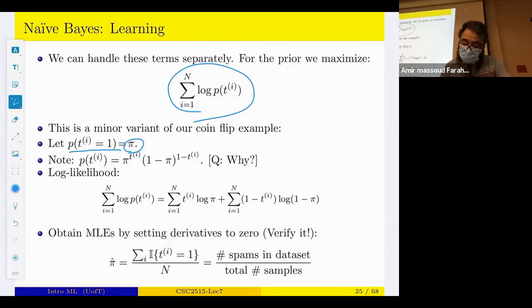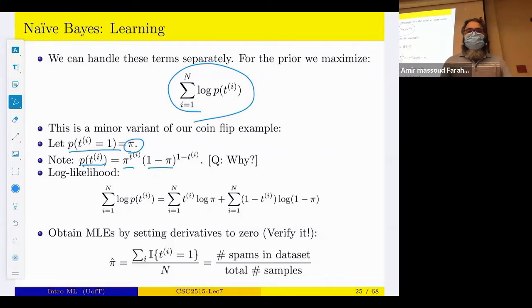So we can write P of Ti as pi to the power of Ti times 1 minus pi to the power of 1 minus Ti. If you recall, we had this a few slides ago, and why this is the case. You can just check it: set t equal to 0 or 1, and you either get pi or 1 minus pi, depending on whether t is equal to 1 or 0.